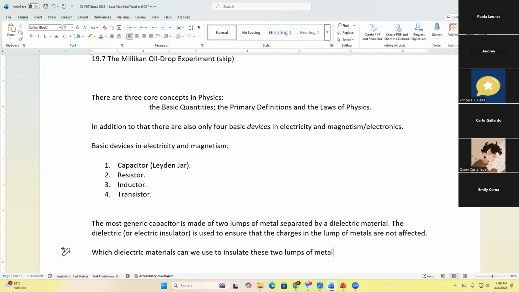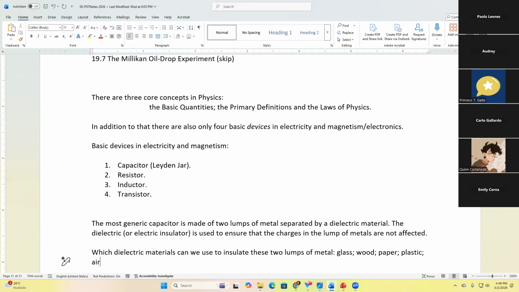Almost any dielectric material, and we covered that before, right? We can use glass. We can use wood. We can use paper. We can use plastic. We can even use the air.